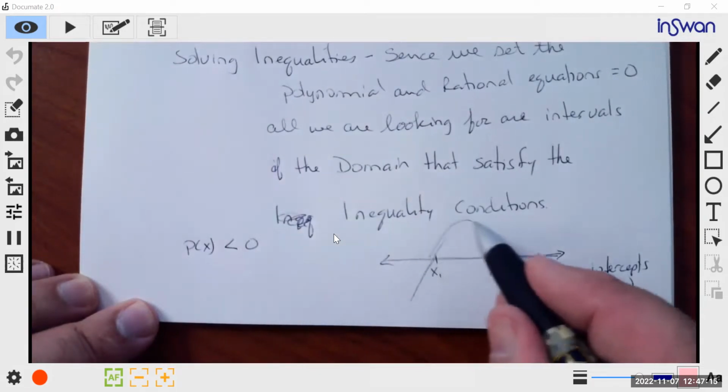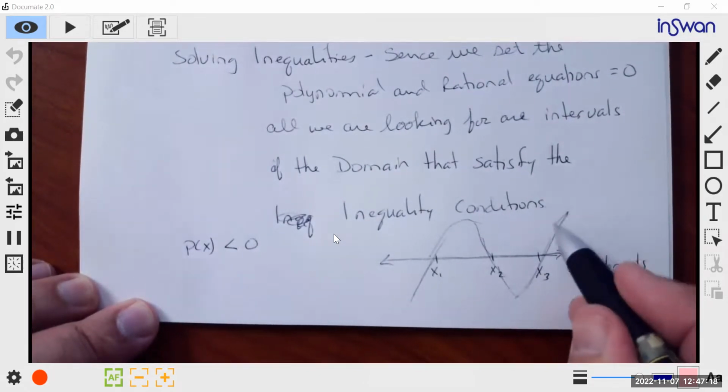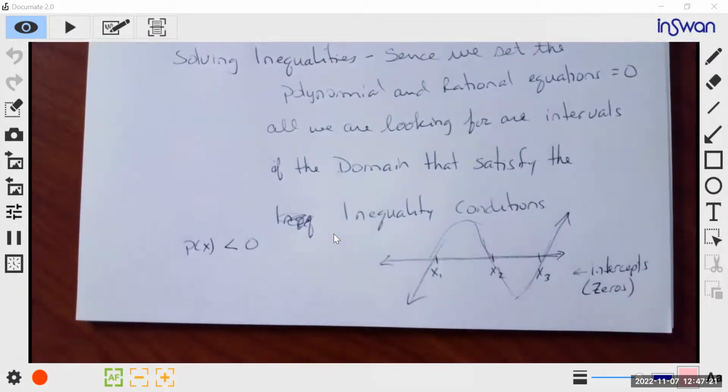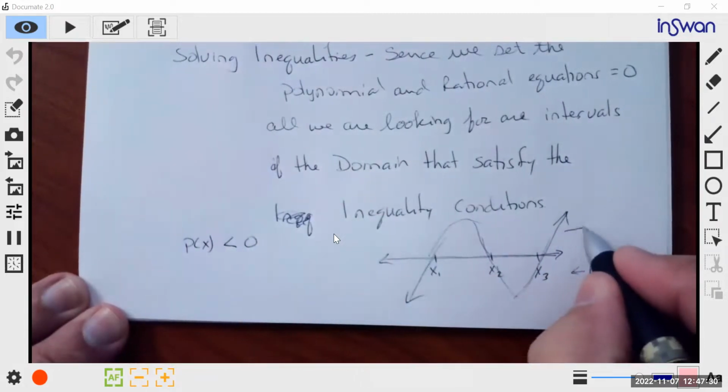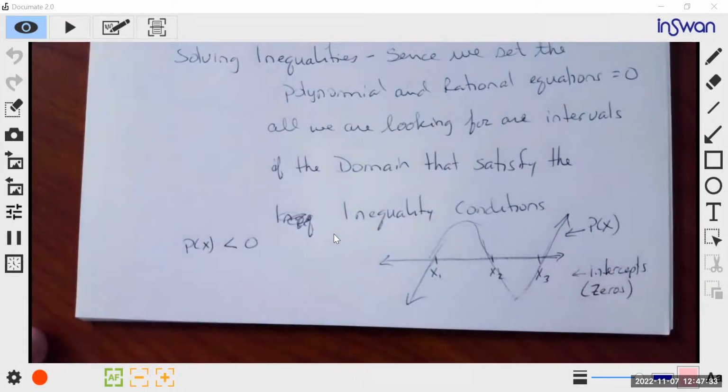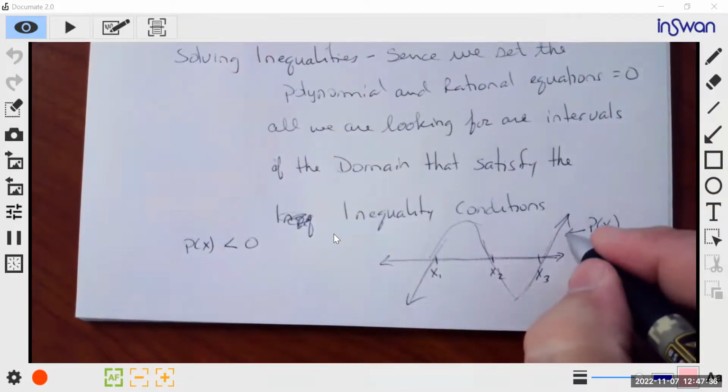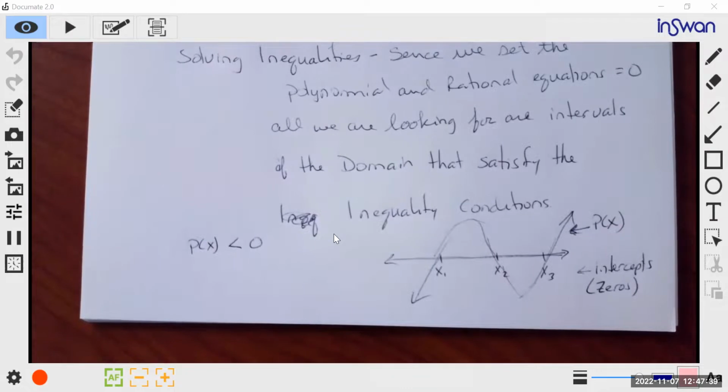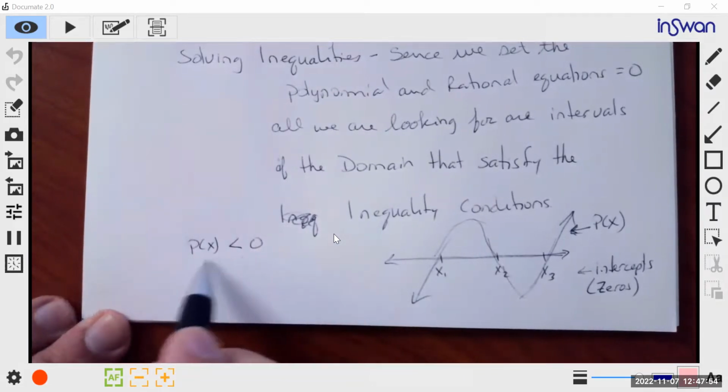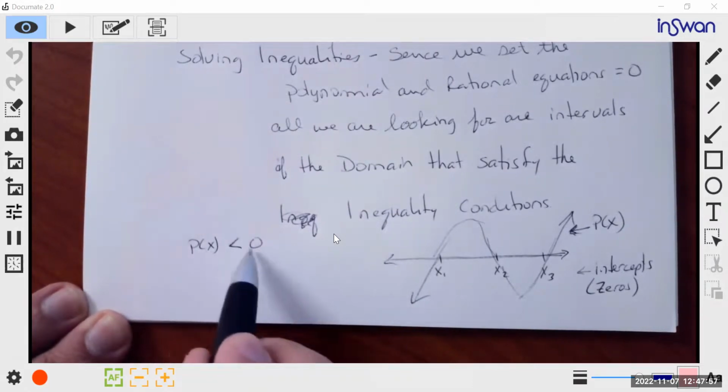So let's pretend the graph looks like this. This is our polynomial, our P of X. Since this is our condition, we're looking for the polynomial less than 0.